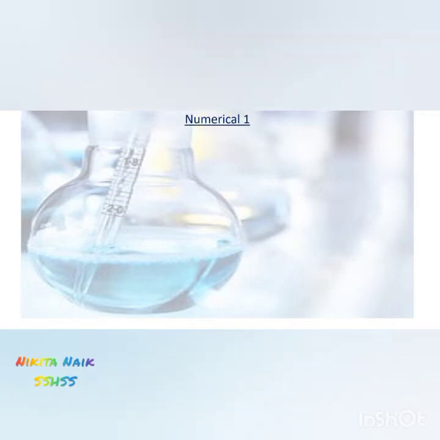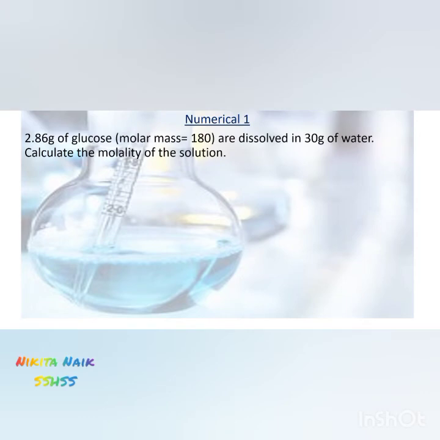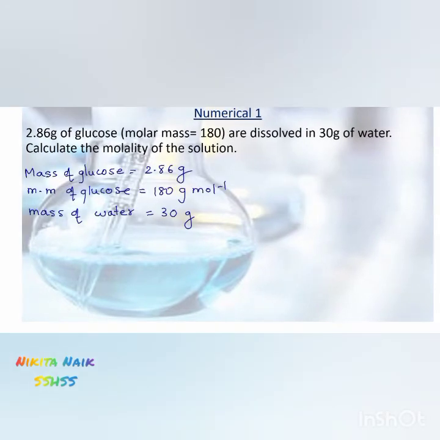Let us see numerical 1 on molality. The question is: 2.86 gram of glucose, molar mass given as 180 gram per mole, is dissolved in 30 gram of water. Calculate the molality of the solution. Let us solve this. I am writing first what is given to us.